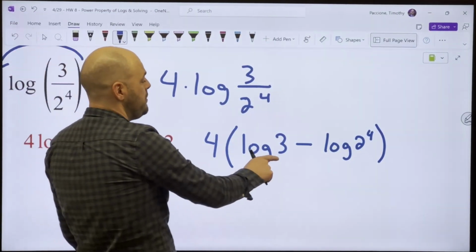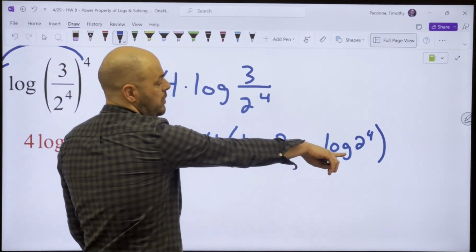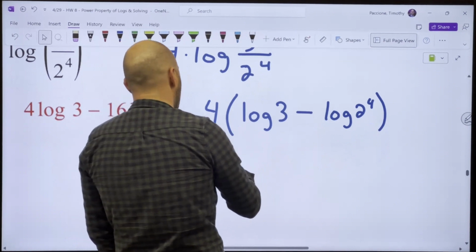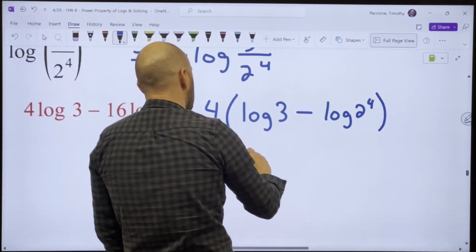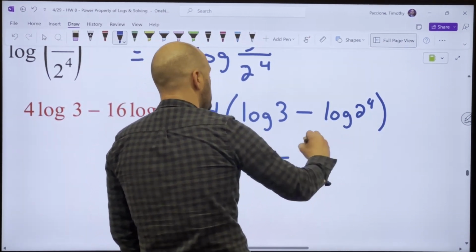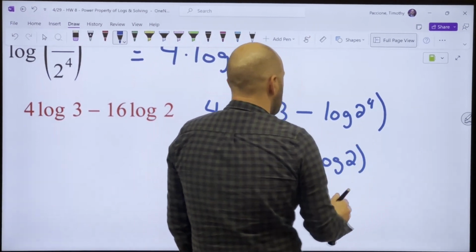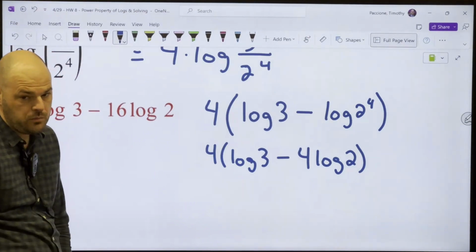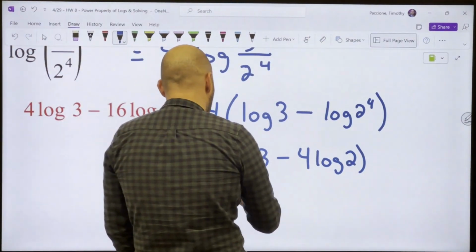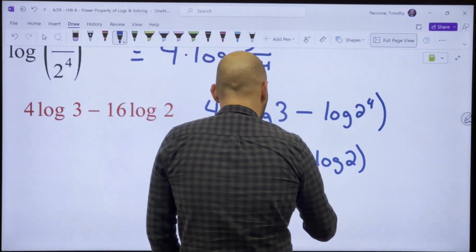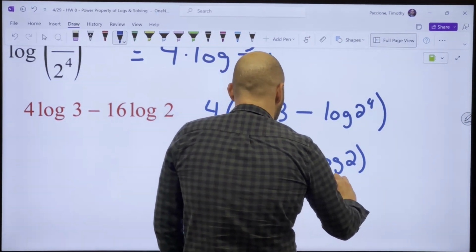Now, before I distribute, I notice something else I can do over here. What can I do over here? Put that exponent out front. So I have 4 times log of 3 minus 4 log of 2. Now I'm going to distribute that 4 through. I get 4 log of 3 minus 16 log 2.